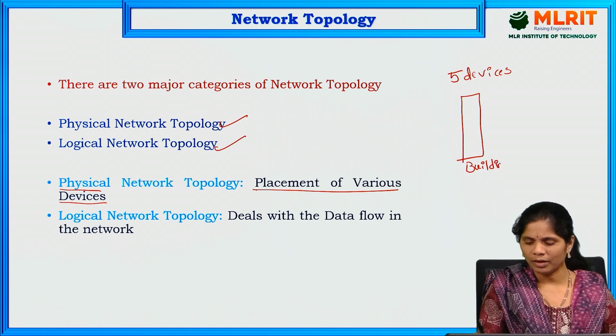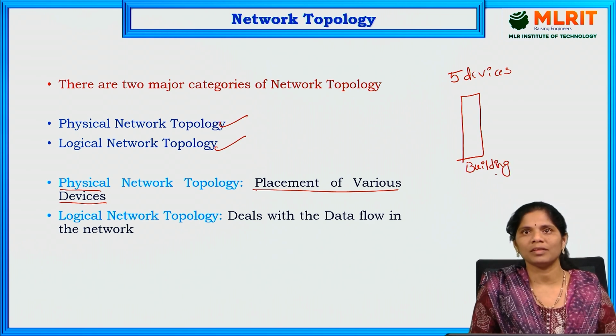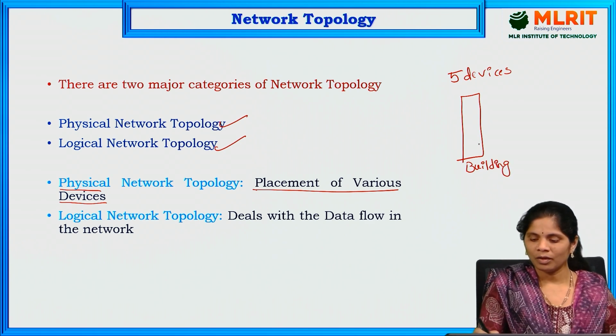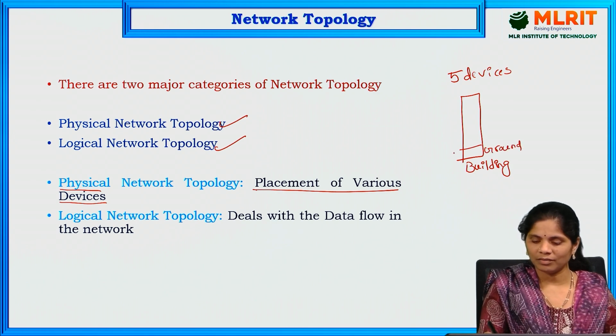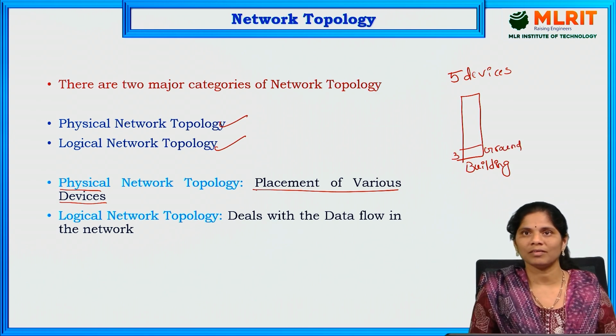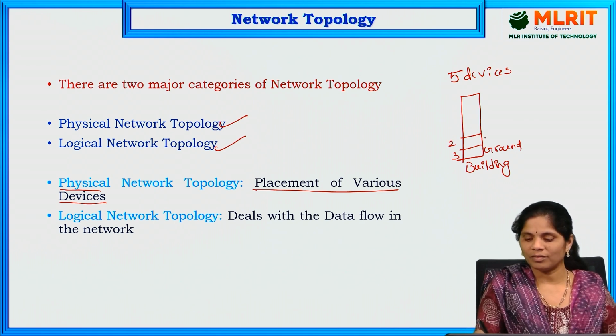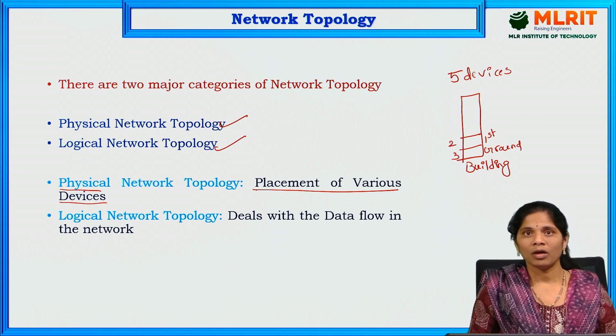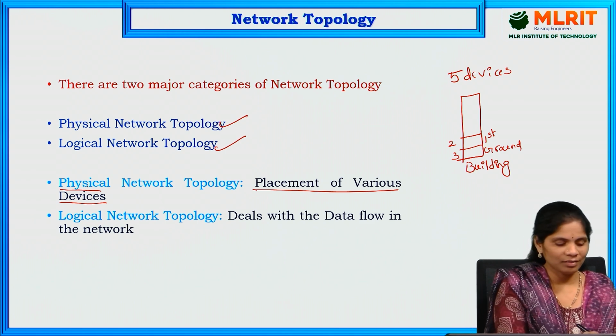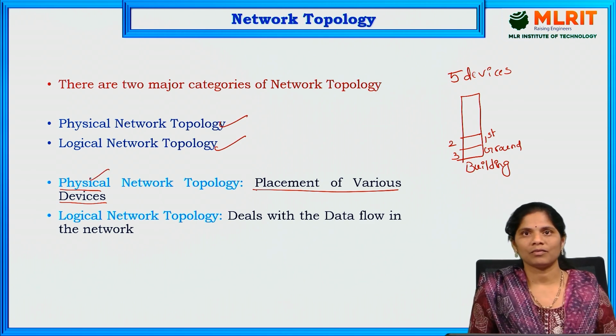In this building, how am I going to place these 5 devices? Suppose in the ground floor, I am going to arrange 3 devices, and at the same time, I am placing 2 devices in the first floor. So, the placement of the various devices is nothing but physical network topology.